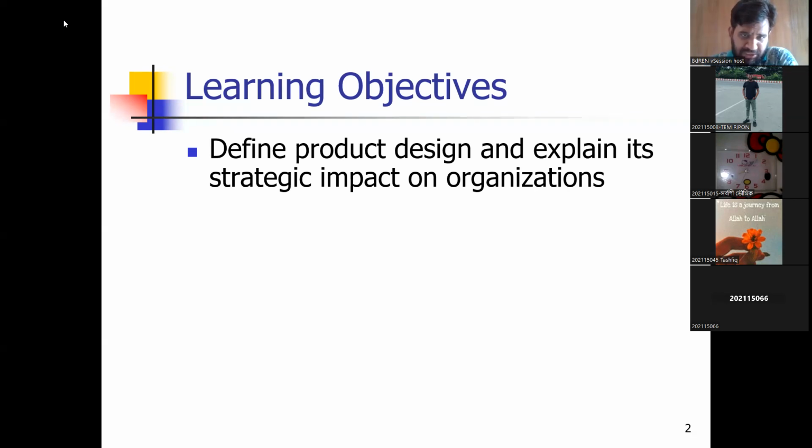The answer will be that when the top management of the company develops a corporate strategy to design a new product, the top managers do not make the corporate decision alone.